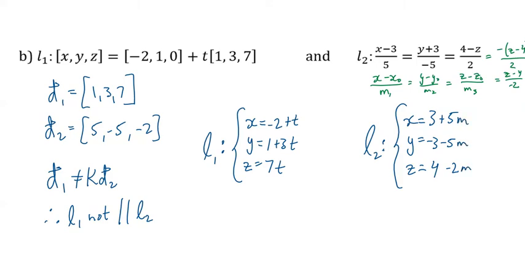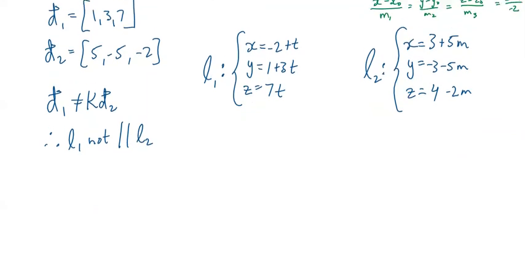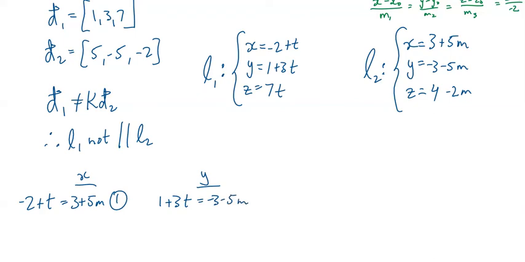Okay, and I'm going to pick x and y again, because to me it doesn't really matter. So negative 3 times 1 gives me 6 minus 3t equals negative 9 minus 15m. Rewrite equation 2, and add them.